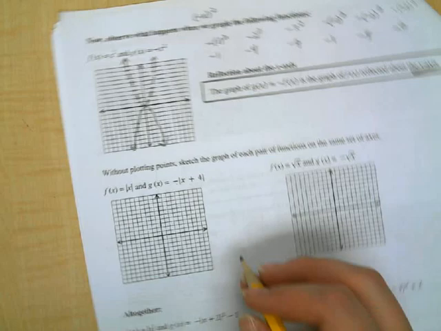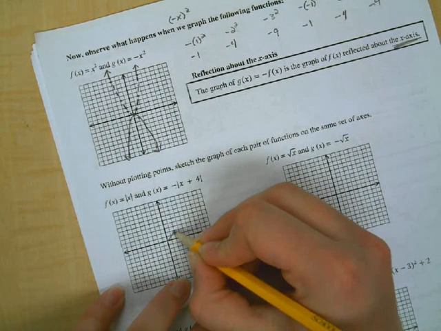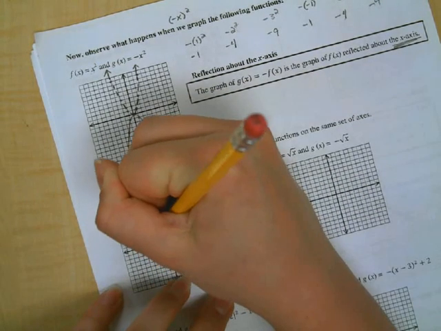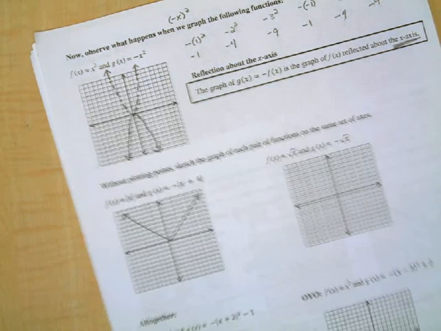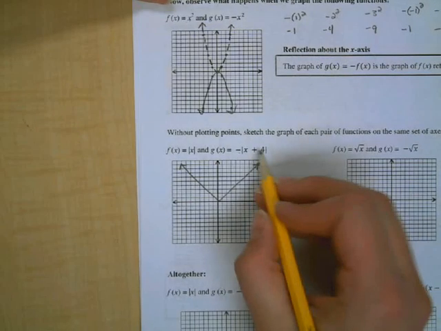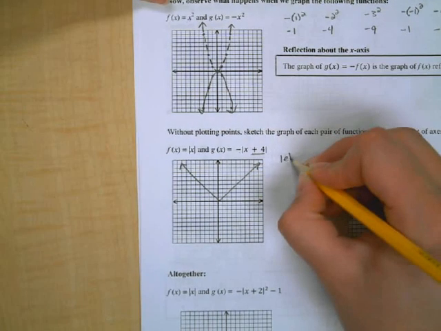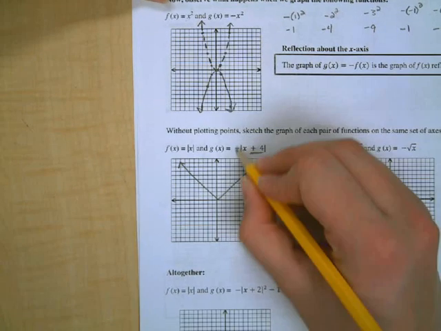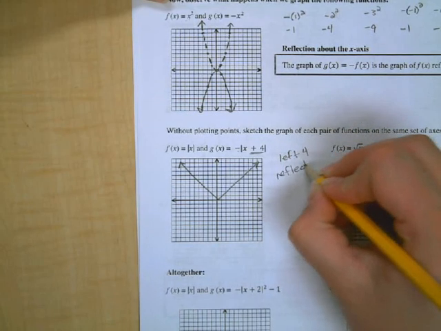So let's start with my parent function. We'll draw it. Absolute value, slope of 1 to the right and negative 1 to the left should look like such. Here, inside the function, which would mean a left shift of 4 units, and then negative out front means reflect across the x.